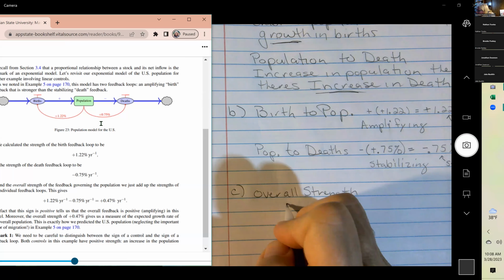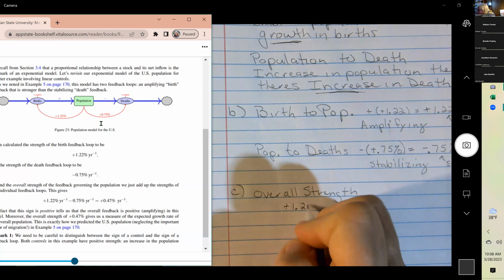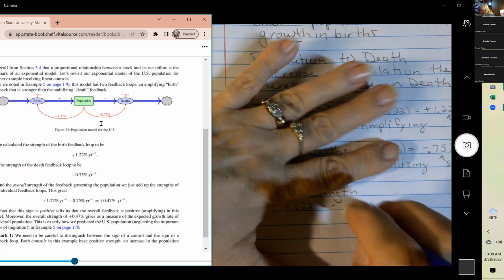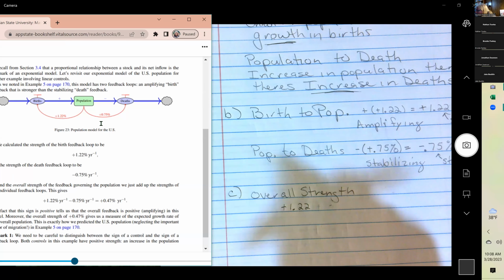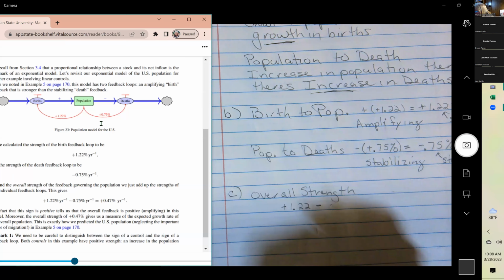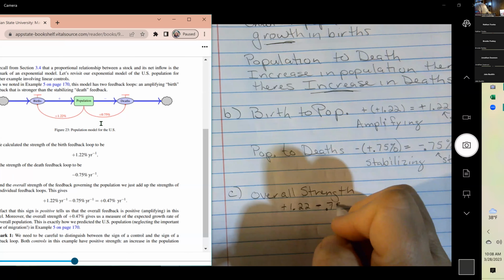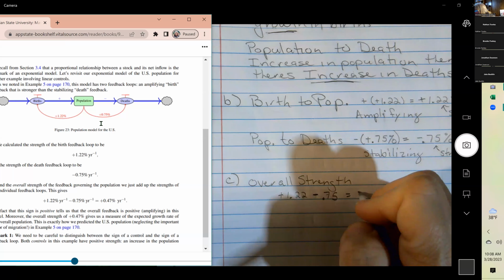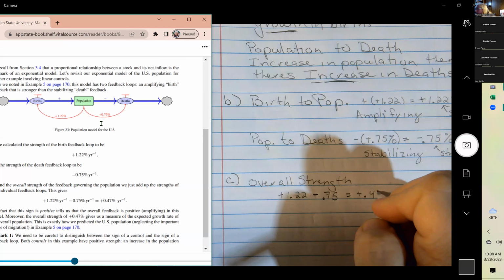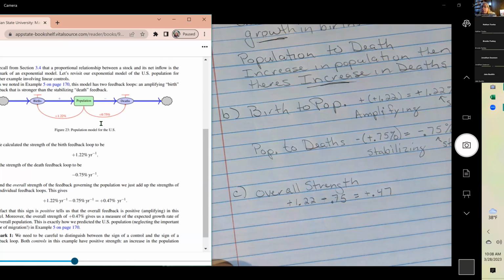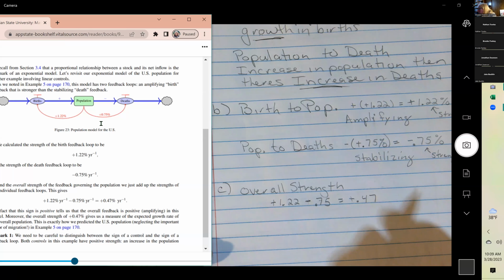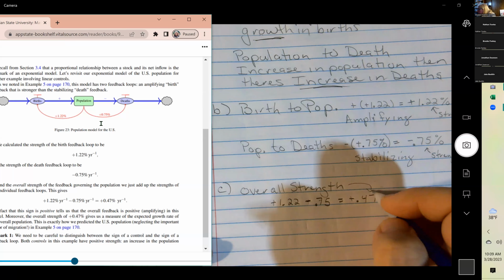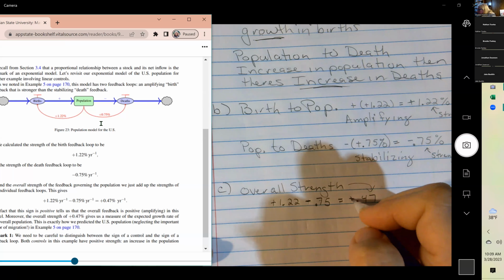So we have a positive 1.22 plus a negative, or that would just mean minus 0.75. So the overall strength is 0.47. And the positive, that means it's amplifying.